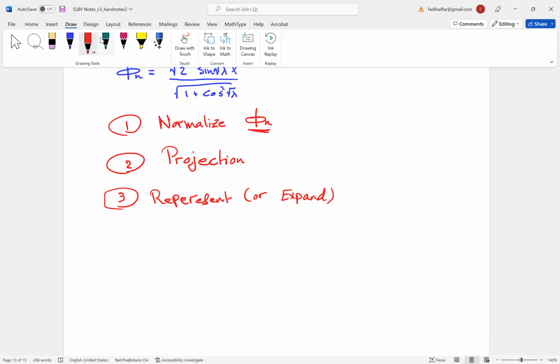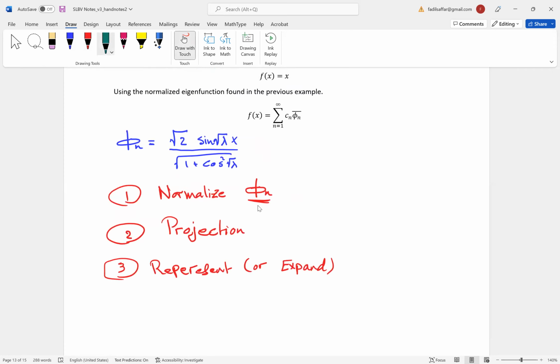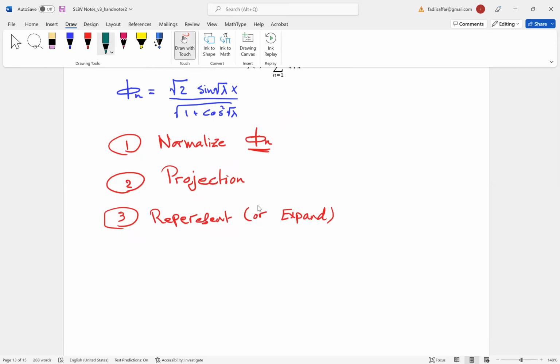So the projection, again, is nothing but having our function that we want to expand, which is, let's say, f of x, and taking its inner product with our unit function now, not unit vector.